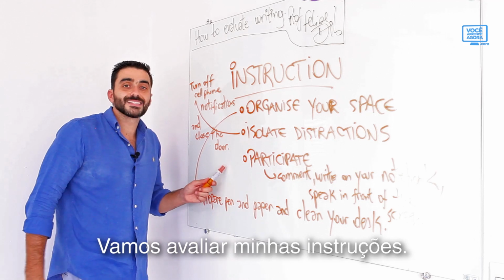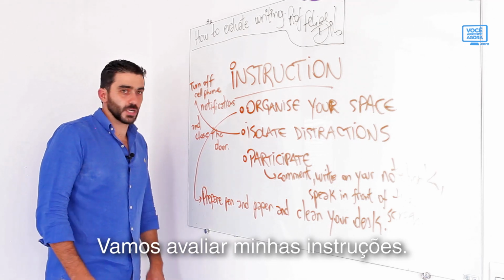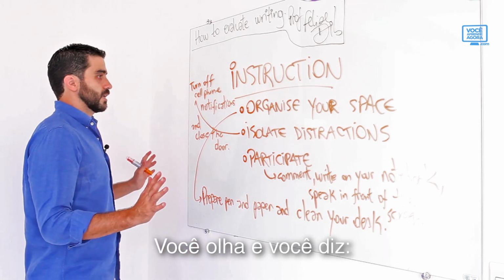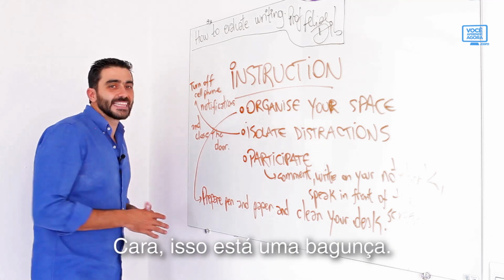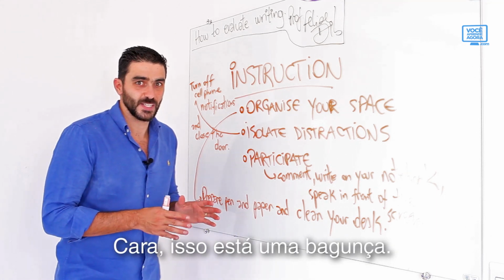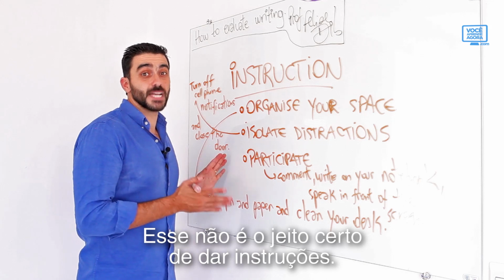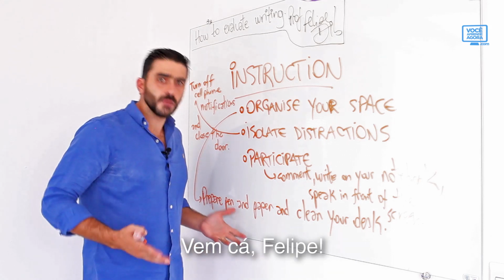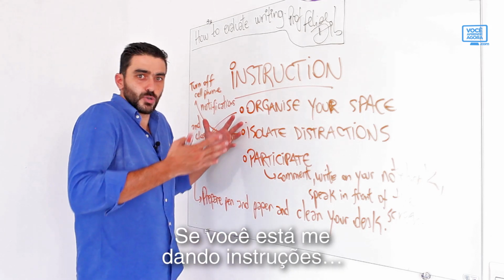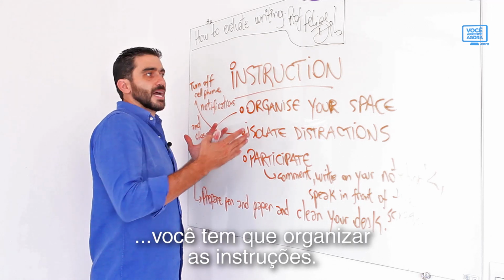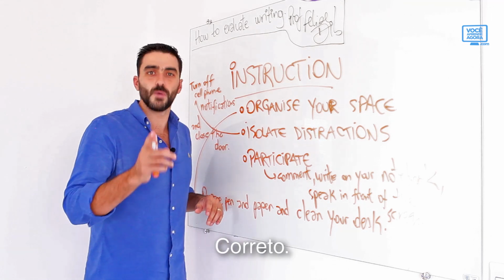Now, let's evaluate my instructions. You look and you say, man, this is a mess. This is not the correct way to give instructions. Come on, Felipe. If you're giving me instructions, you have to organize them.